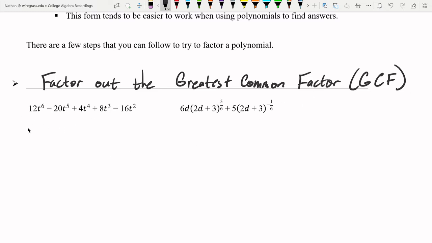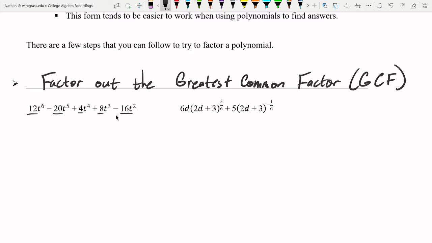So for this first one here, I can look at the numbers and say 12, 20, 4, 8, 16. What's the greatest thing that can divide evenly into all 5 of these numbers? And the biggest thing that can divide evenly is 4. 4 can go into all of them.